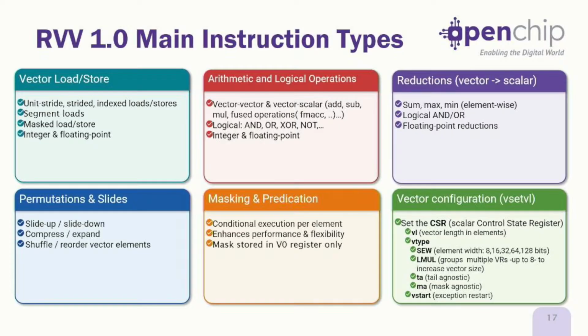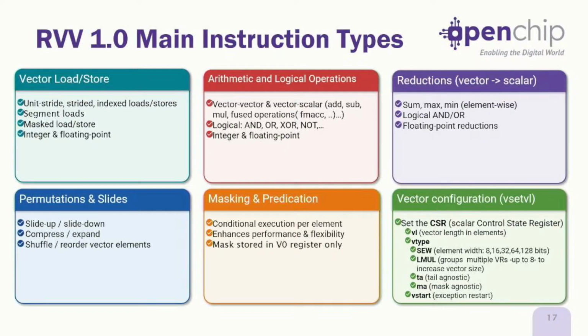This is the summary of the main instruction types you can have in RVV. A quick recap. I will not go through all these instructions, but we have many categories. The first one is the vector load and store. These are the typical instructions to take data from memory, and there are many flavors.